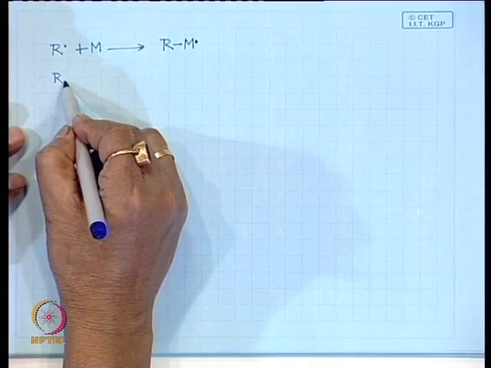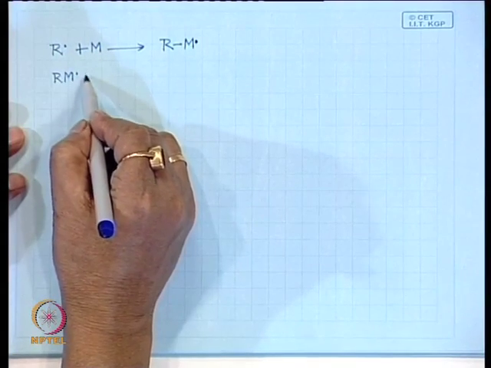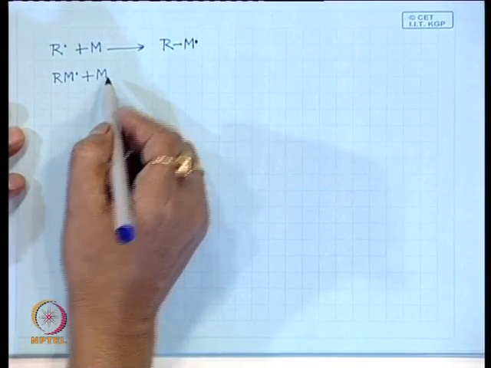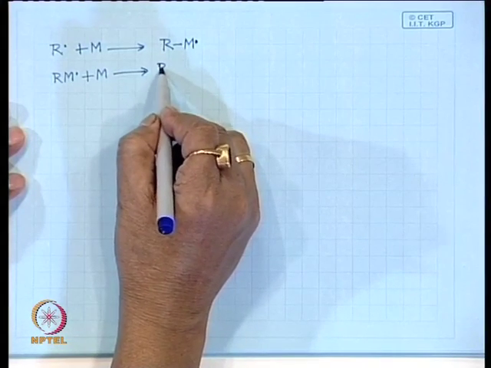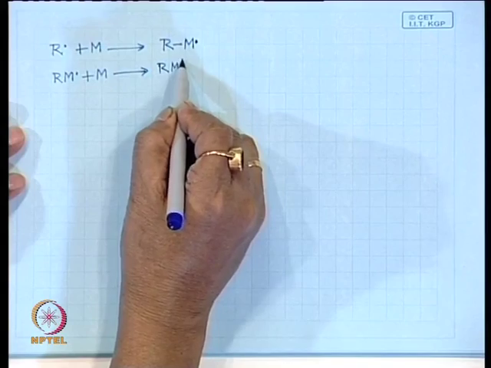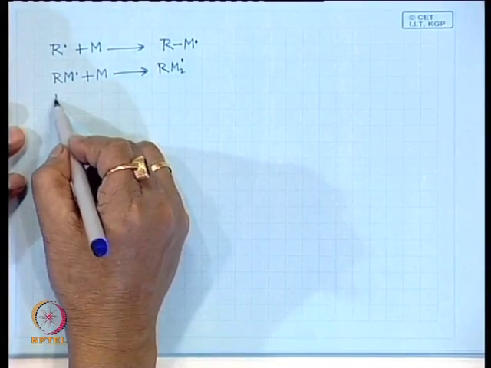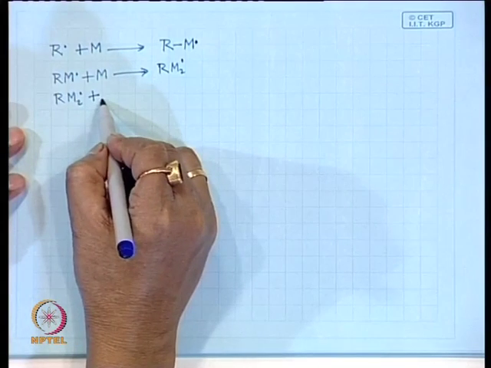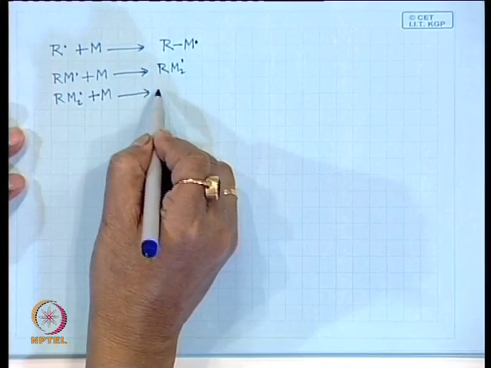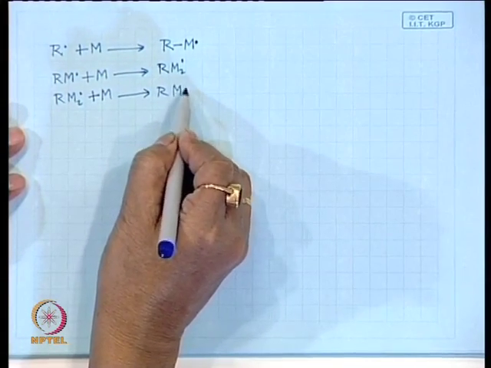This R M dot adds to another monomer, forming R M2 dot, R M2 dot plus M gives R M3 dot.